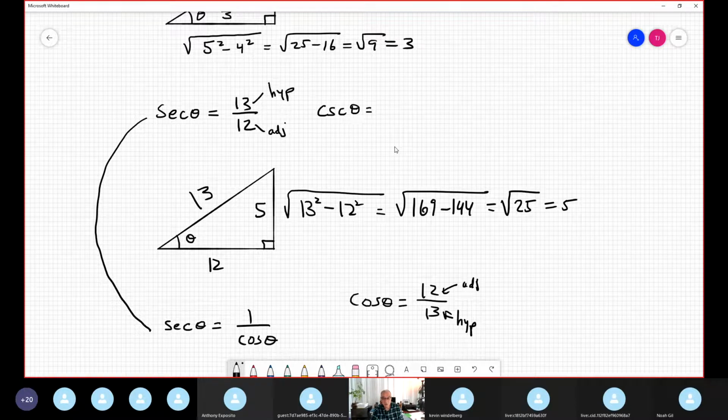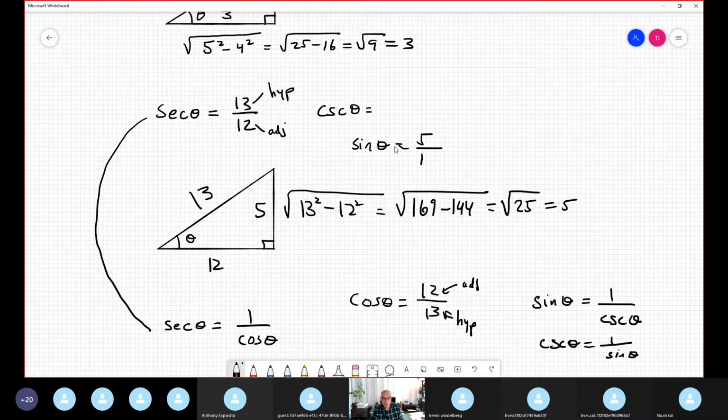I remember very well the definition of sine: sine theta is the reciprocal of cosecant. Therefore, cosecant is the reciprocal of sine. Sine is opposite, 5, divided by hypotenuse, 13. And cosecant is the reciprocal, 13 over 5. Boom, final answer.